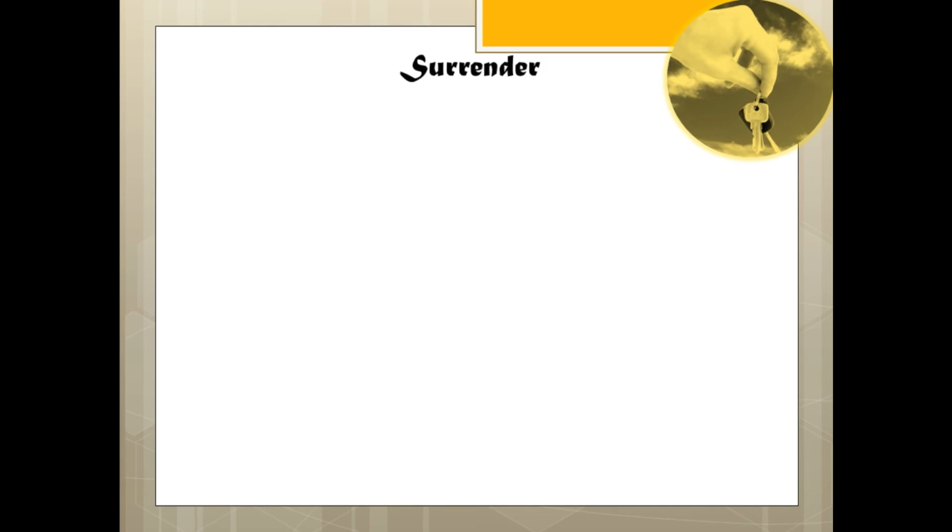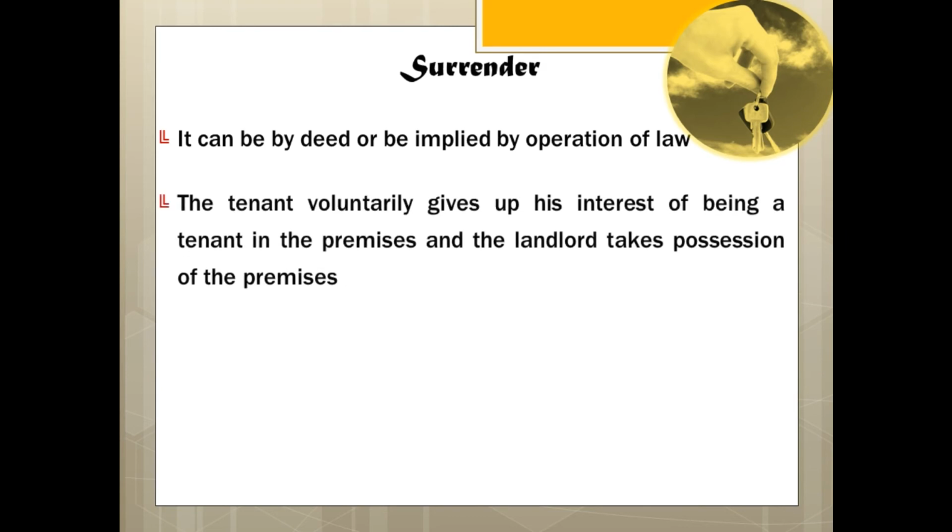We have surrender, that is next. It can be by deed or it can be implied by operation of law. During the surrender, the tenant voluntarily gives up his interest of being a tenant in the premises, and the landlord takes possession of the premises.